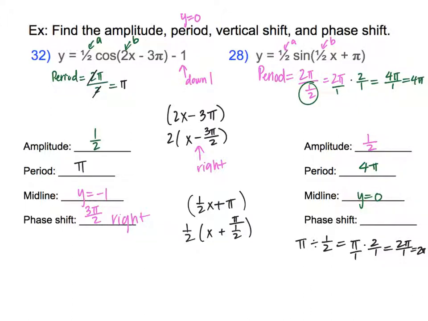So this here is really 2 pi, and this plus sign means left. So this is 2 pi left. Remember, factoring out numbers is basically division. You're going to take that number and divide it to figure out what the real phase shift value is.